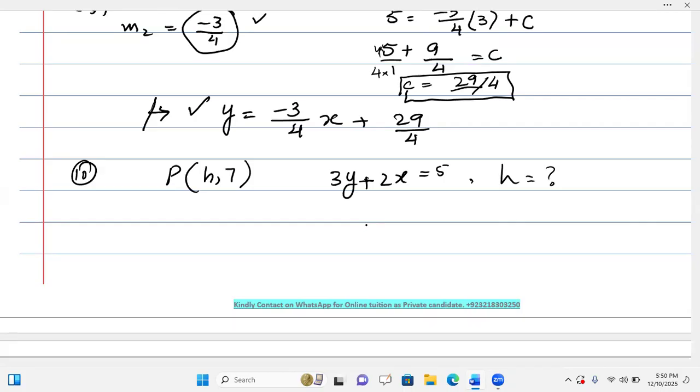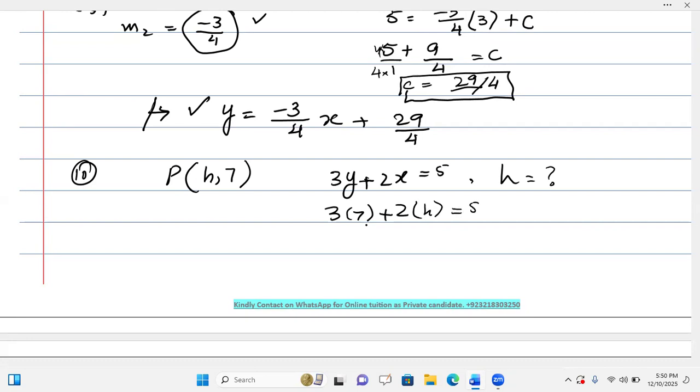Now what you will do? You will place h as x and 7 as y. So let's make h the subject. 3 into 7 plus 2 into h is equal to 5.